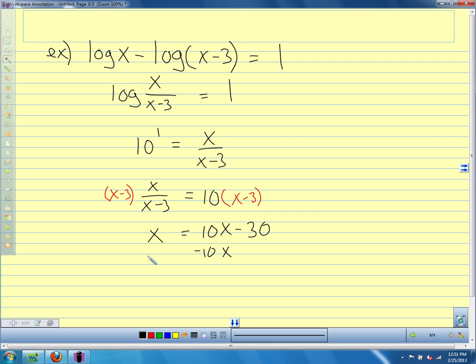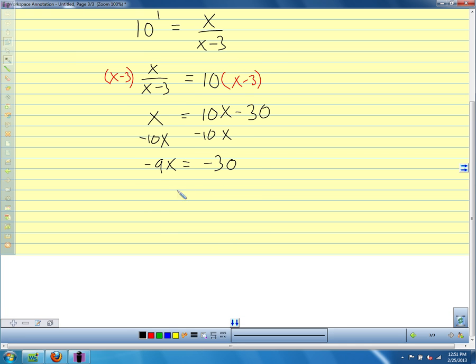Subtract 10x, minus 9x equals minus 30. I'm almost done. x equals 30 ninths, which I can reduce to 10 thirds. So x equals 10 thirds is my answer.